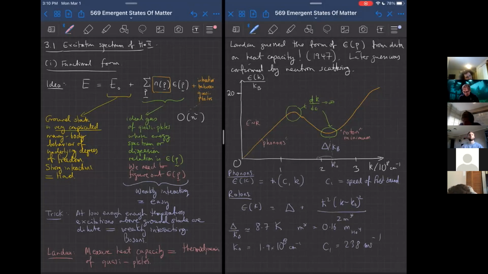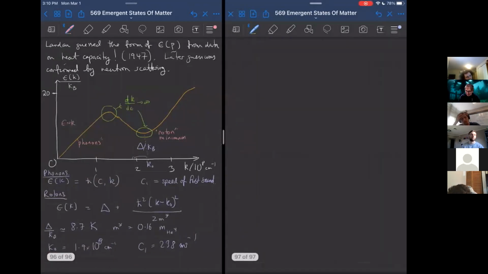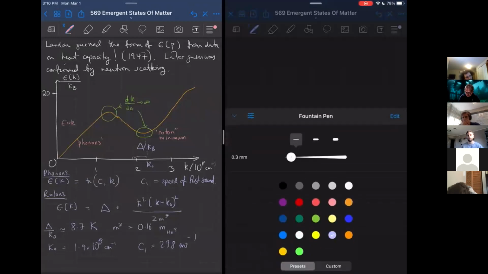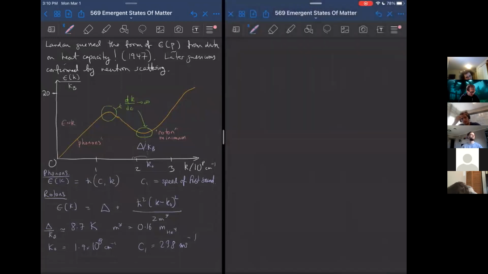Now, as you go to higher and higher temperatures, you excite more and more of these modes. So when you're at low temperatures, and what low is, obviously a lot less than 8 Kelvin, so let's say roughly order 1K or less, you only excite the phonons.